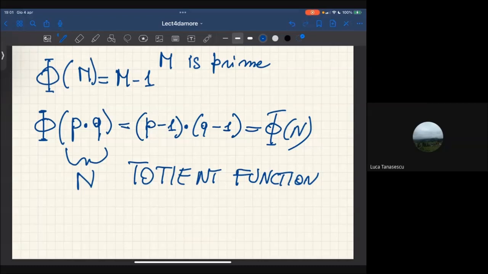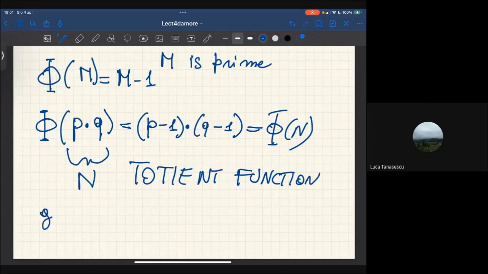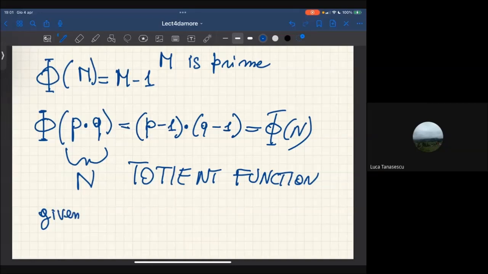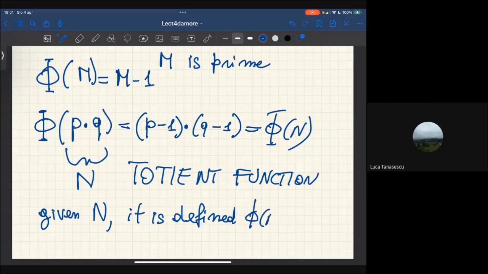But we are not using the meaning of this totient function. Just it is important to remember that given n, it is defined phi of n, and notice please that n is given and it is public.